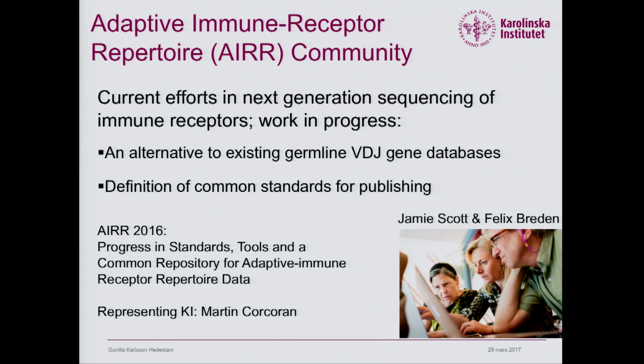We're working in a different landscape than 10 years ago. And two of the major goals of this community is to identify alternative ways to define germline genes and how they should be validated, as well as define common standards for publishing antibody repertoire sequencing data in journals and elsewhere. And Martin Corcoran, who's a senior scientist in my group, is very actively taking part in this and leading one of the working groups on germline gene discovery.